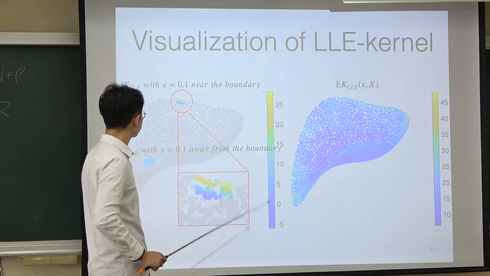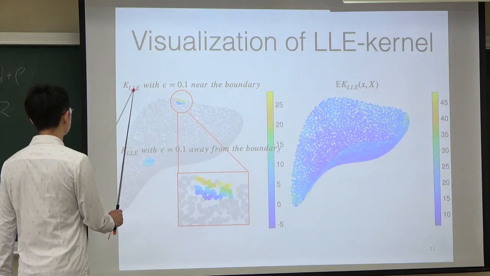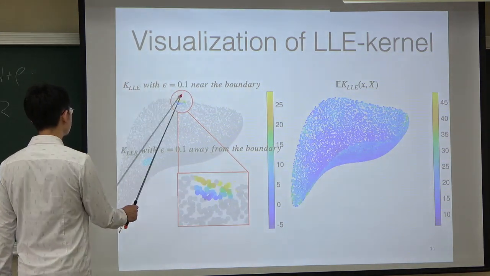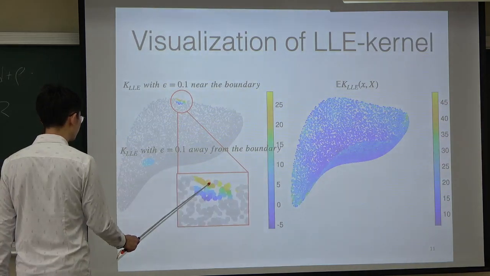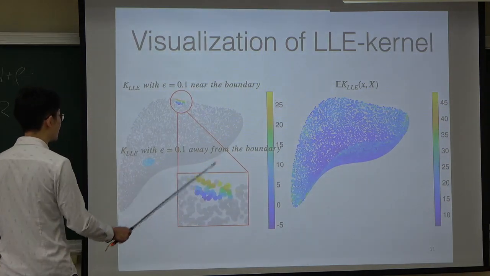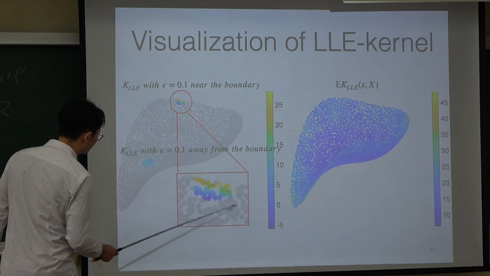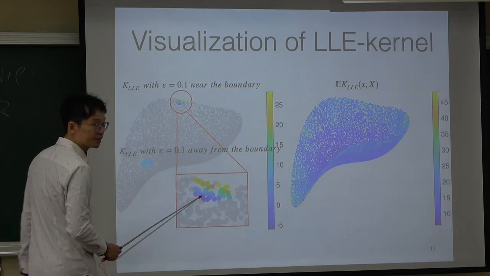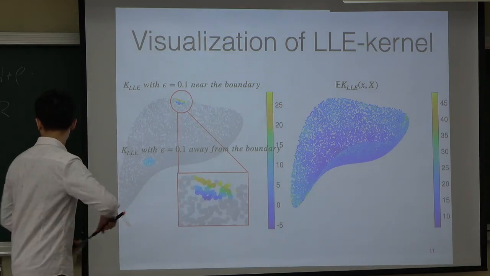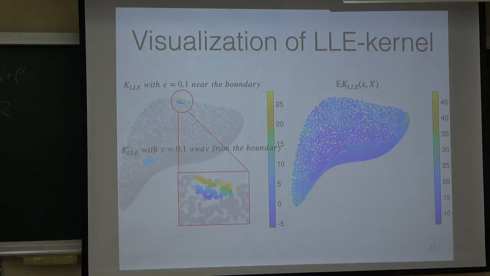This is a visualization. When you have a kernel near the boundary, you can see positive values on the boundary side but negative values away from the boundary side. Why so?